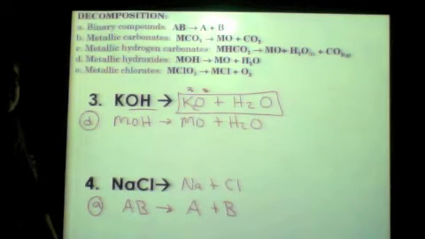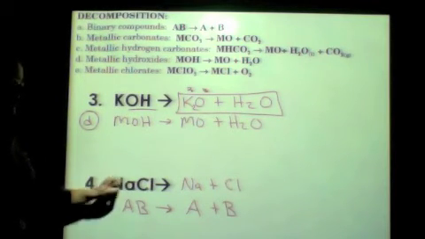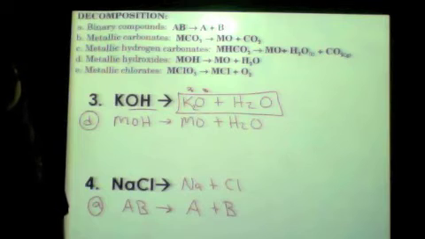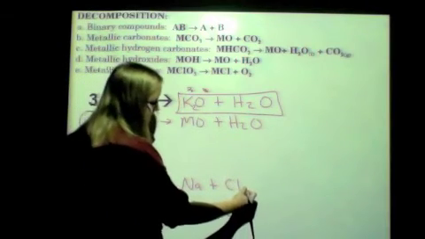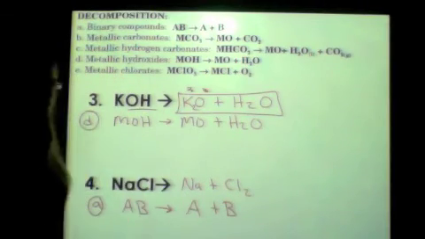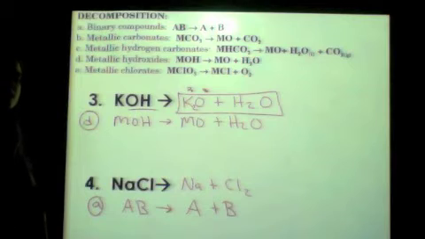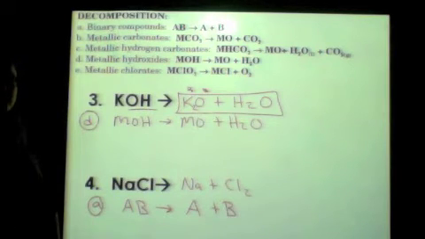Now remember, there's 7 elements that cannot stand to be alone, period. So when you take them out of their compound, they're going to find something to bond with. Na? No. Cl? Yes. Chlorine is a diatomic. Remember, the diatomics start at 7, make a 7, and there are 7. So whenever you see them by themselves, you must have a subscript of 2.